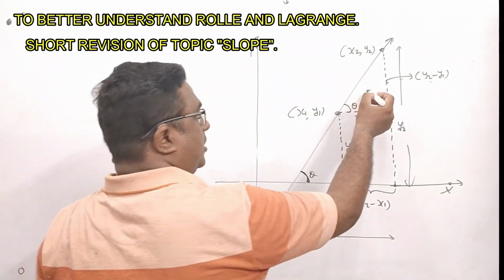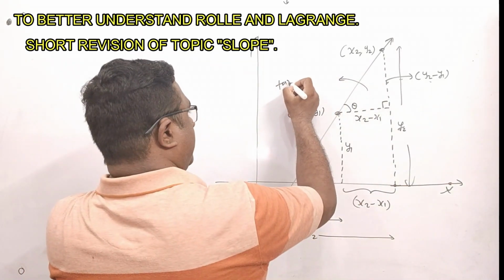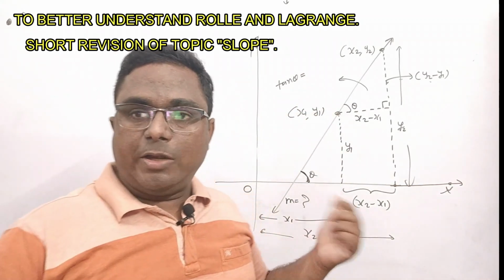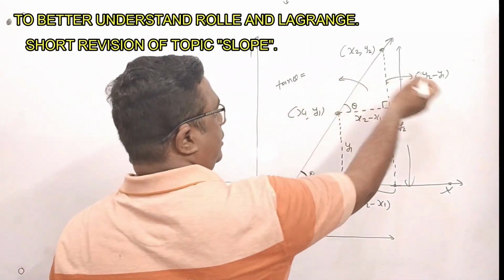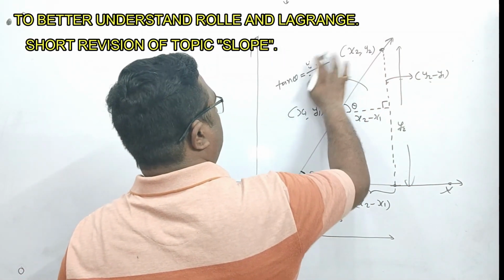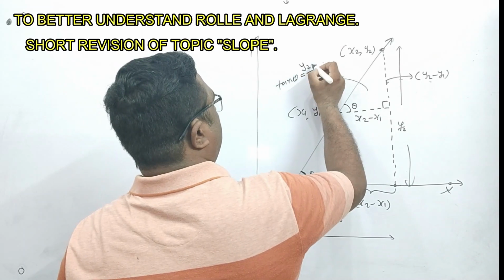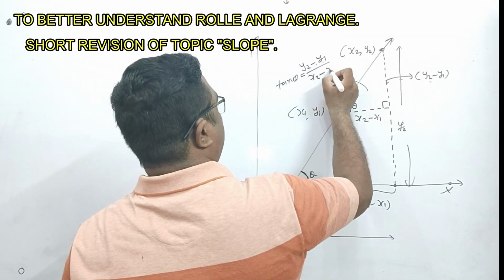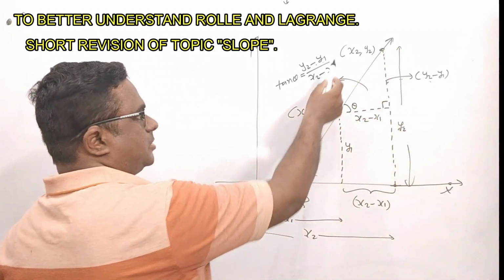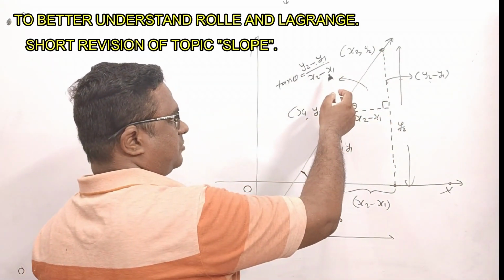Now in this triangle, if we apply the identity that tan theta is equal to perpendicular upon base, then tan theta will become y2 minus y1 upon x2 minus x1. So for this triangle, the value of tan theta is y2 minus y1 upon x2 minus x1.